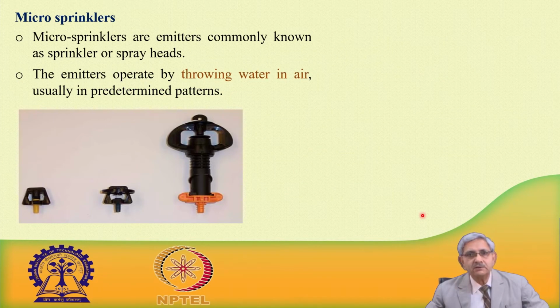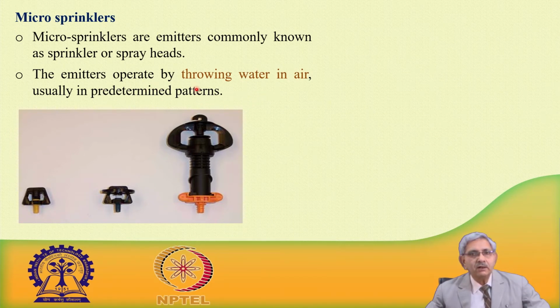Micro sprinklers are emission devices. They apply water in a jet form, or sprinkle the water, or it could be in the form of a mist. So, depending on the shape as well as the size of the nozzle, the performance of the sprinkler varies.